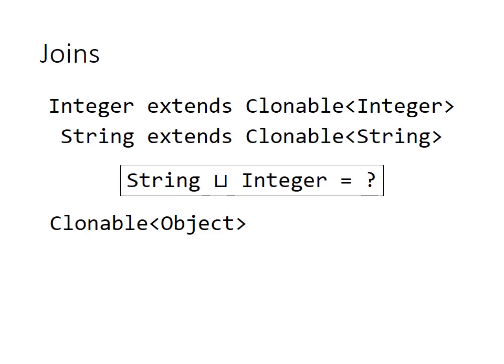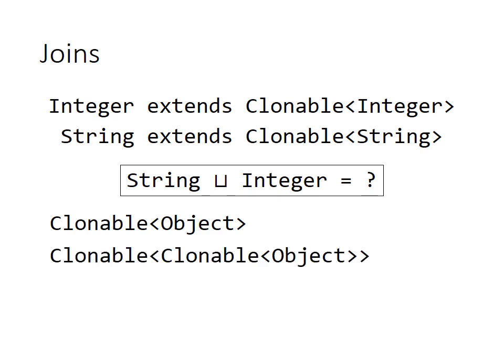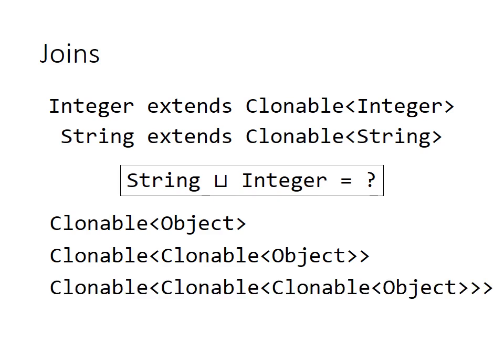But if you look a little harder, you'll see that the result of a cloning operation is also Clonable, so they're also both Clonables of Clonable of Object. And if you look even harder, you'll see that they're Clonable of Clonable of Clonable of Object, and so on. This is an infinite chain of ever more precise supertypes that has no limit, so the join of integer and string does not exist in this scenario.